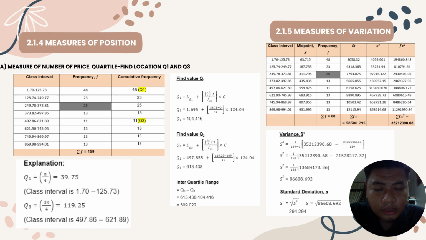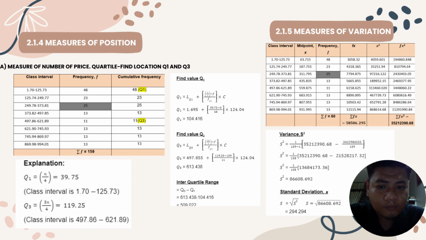Alright, so my name is Muhammad Iman Karid bin Mat Kamal, and today I would like to present about measure of location of price, quartiles Q1 and Q3. For Q1 we get 104.416, and for Q3 we get 613.438. For the interquartile range, Q3 minus Q1, we get 509.022.